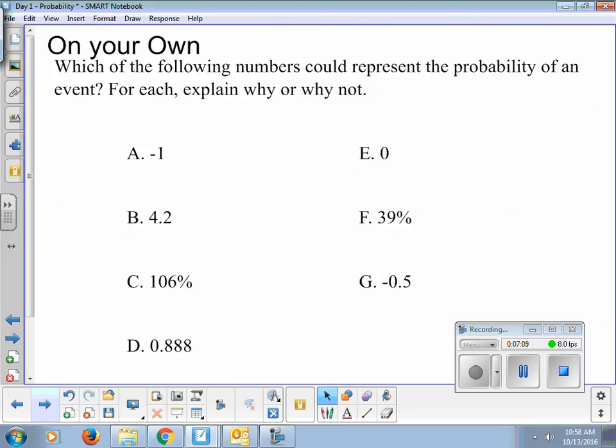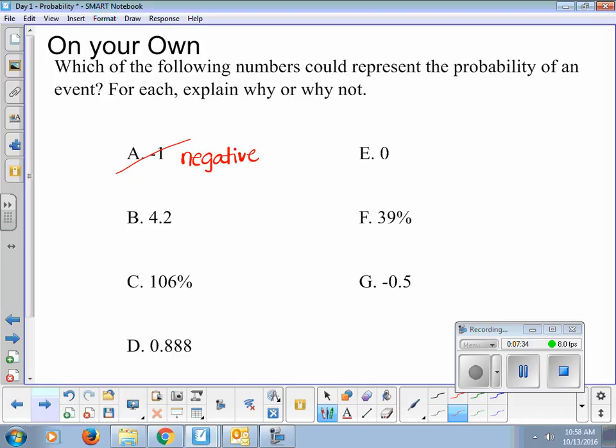Okay, for this part, which of the following numbers could represent the probability of an event? And for each example, explain why or why not. I'm going to have us go through and circle the ones that could represent an event. What about A? Could -1 represent a probability of an event? No, because it's negative.